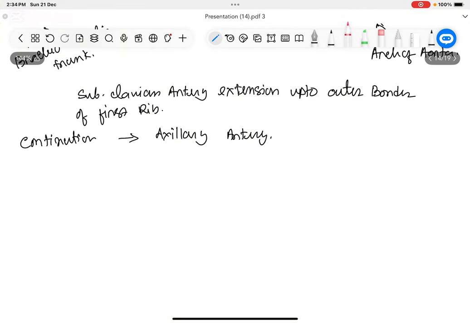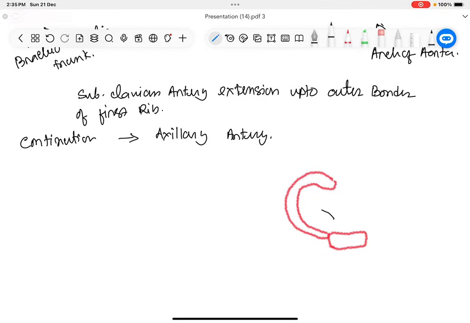So, if we see the first rib, which is attached with the sternum, on one side I am drawing, the artery starts to emerge and it will be coming like this. Up to this much we will say it is called the subclavian artery. Then onwards it will be the axillary artery. Now this subclavian artery is subdivisible into three parts by a muscle. The name of that muscle is scalenus anterior.